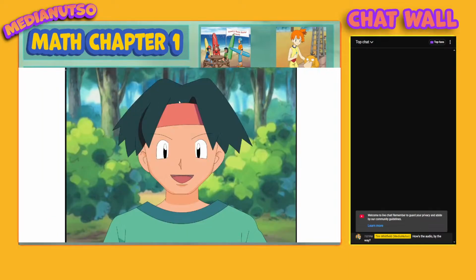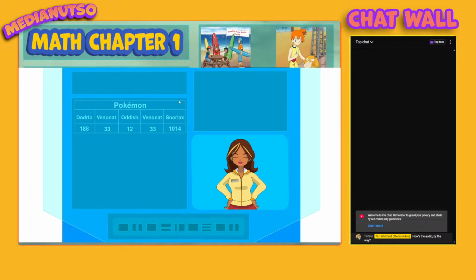Snorlax. Yep, Snorlax weighs 1,014 pounds. That's big. But then again, Oddish weighs only 12 pounds. That's a big difference. And there's an idea that we'll use. You're talking about the difference between the smallest and largest number within a group of numbers, or data set. That's the range.